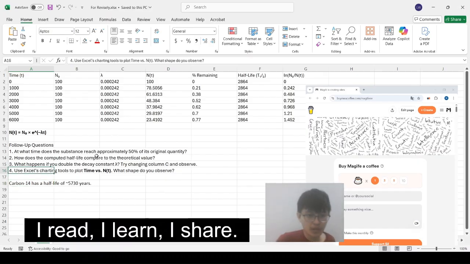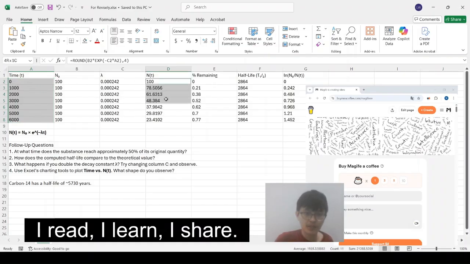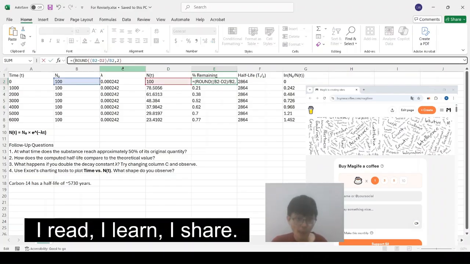Okay, so now we proceed to the graph. Just plot time versus the NT. Basically the NT is the remaining substance. Because this is a percent, everything should be times 100.